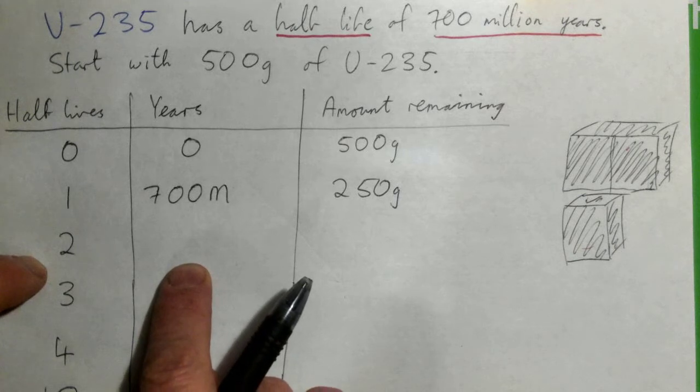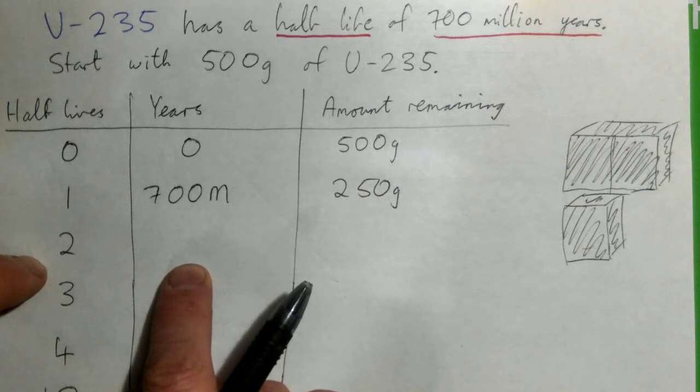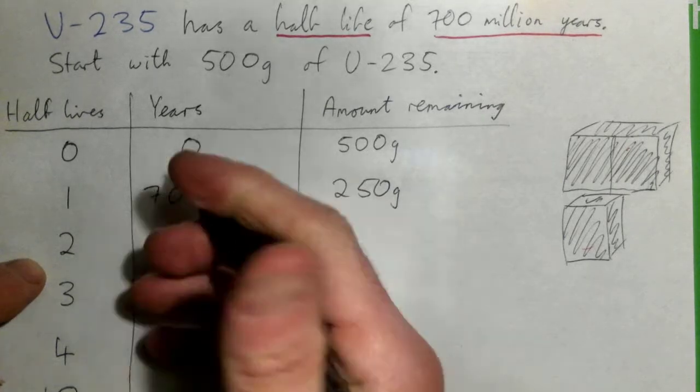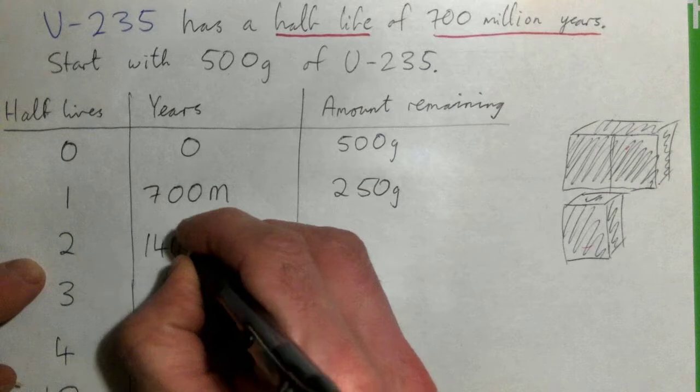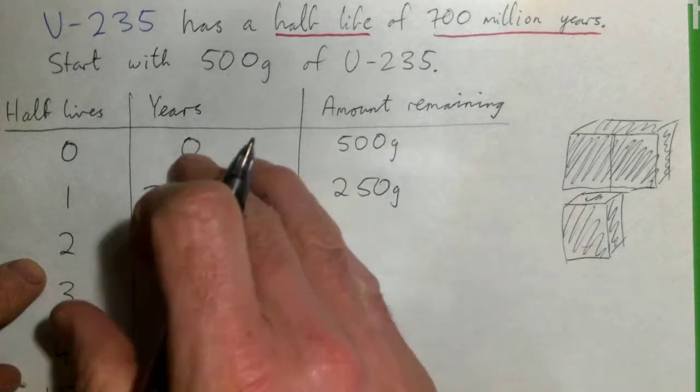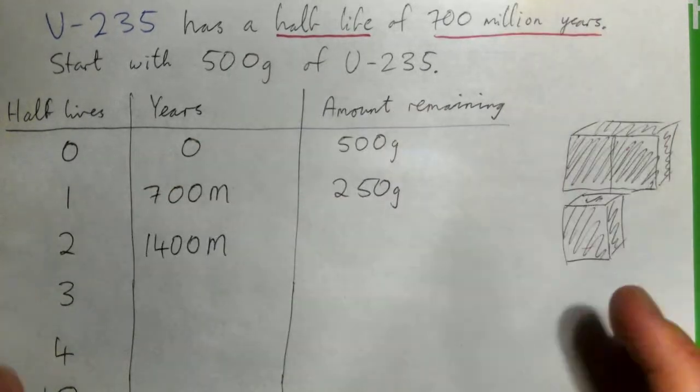So, okay, if we add 700 million... Another half-life is 1,400 million years. Okay, we add, because the time is going on, it's further into the future, right?